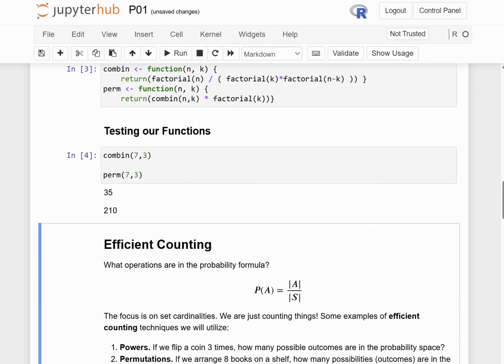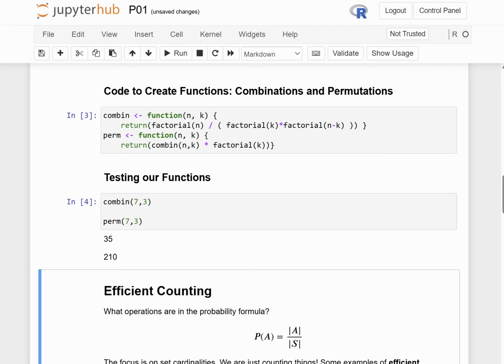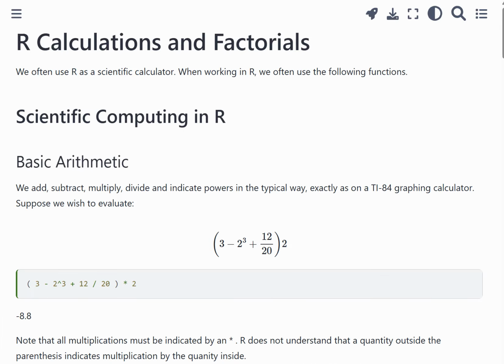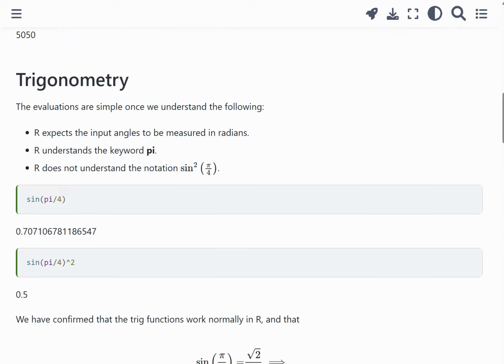And just to test them real quick, we have combination 7 choose 3, and that's 35. Why? Well, that's 7 factorial over 3 factorial times 4 factorial, which is 7 times 6 times 5 divided by 6, which is 7 times 5, which is 35. If you didn't follow that calculation I spit out there, there is some more.